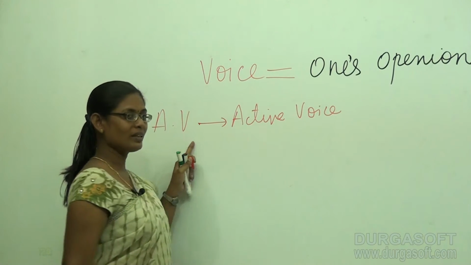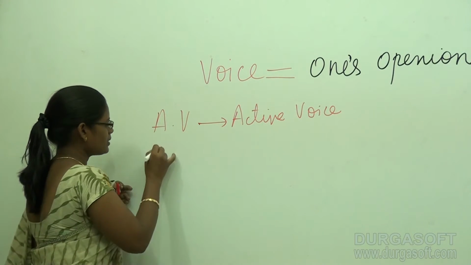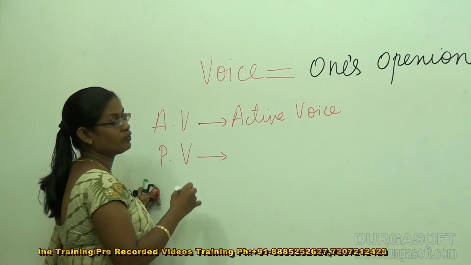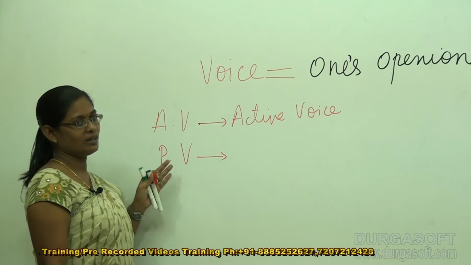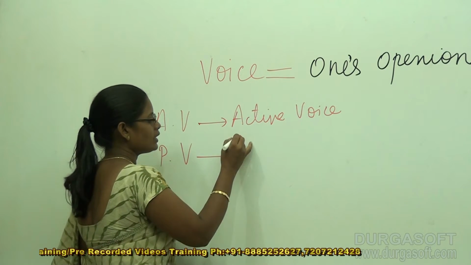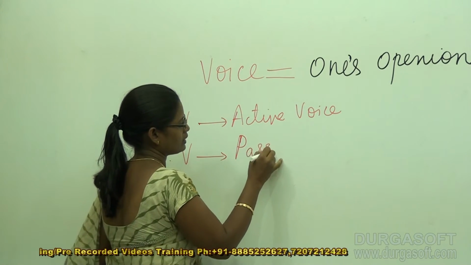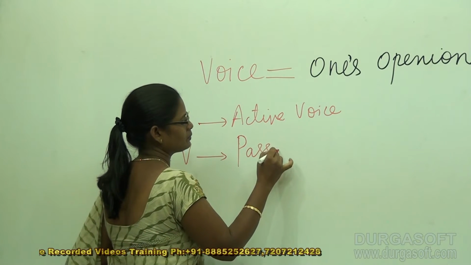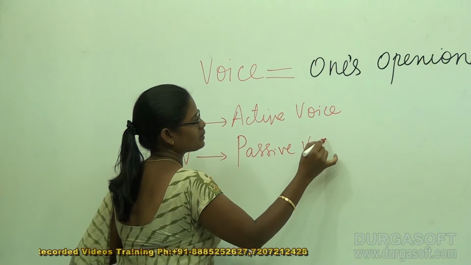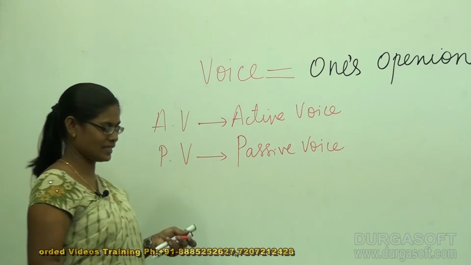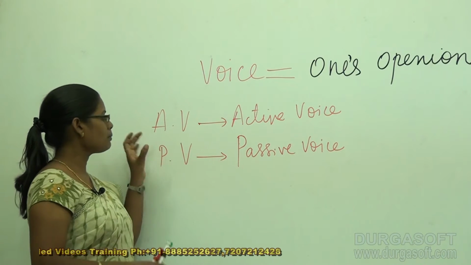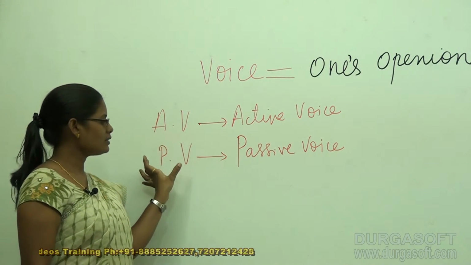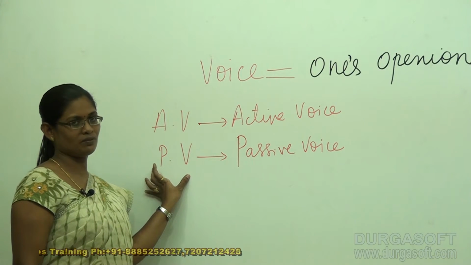In the same manner, capital P and capital V indicate passive voice. This is my short form for active voice, and this is my short form for passive voice.